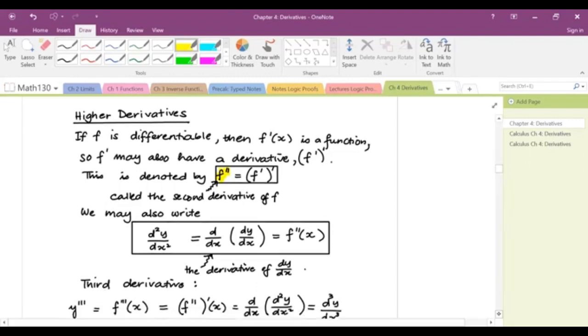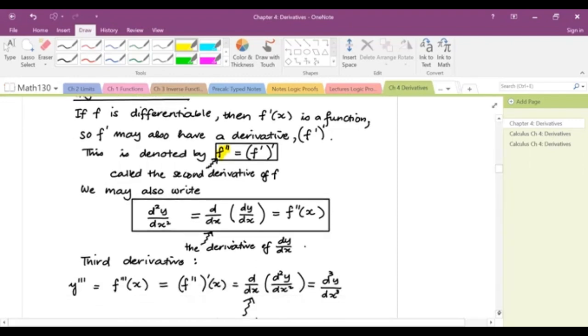We can also use Leibniz notation to write it like this. This is prime notation here, and over here, Leibniz notation. We read this as d2y by dx squared. We can also say d by dx of dy by dx, which means the derivative of dy by dx with respect to x.